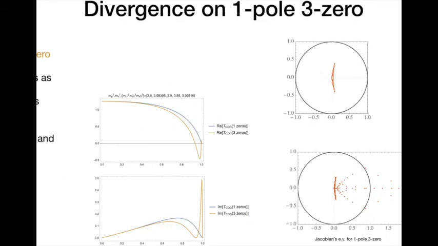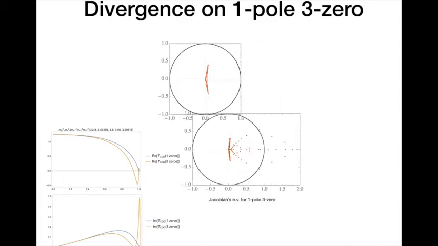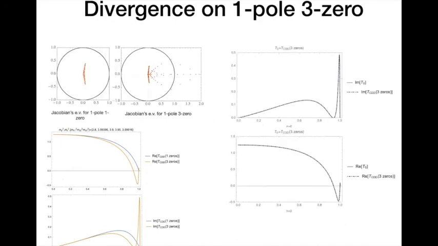Well, you just look at the eigenvalues of the Jacobian. For the 1, 0 case, all the eigenvalues are nicely contained within 1. For the 3, 0 case, this yellow curve, the eigenvalues wander all over the place. You would expect some divergence, and indeed you have divergence.